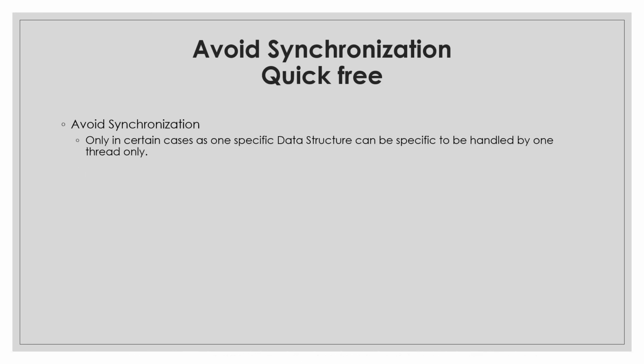The other two motivations are avoiding synchronization and the quick free. Let's see avoiding synchronization. This applies only in certain cases, where one specific data structure is handled by one thread only. It may be that in your program there are certain threads which handle one specific type of data structure.